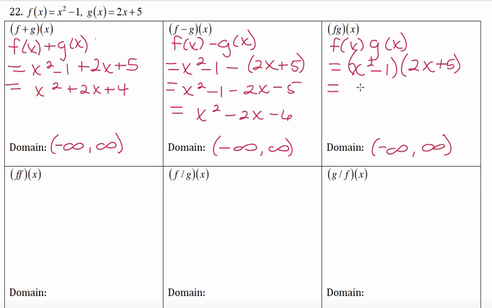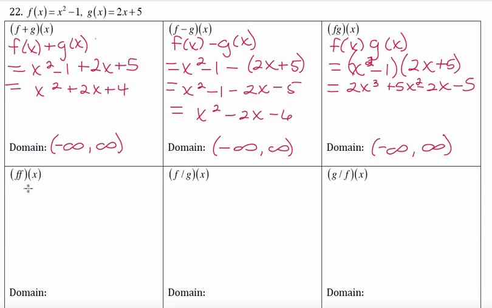And we're going to end up foiling that, so we have 2x cubed plus 5x squared minus 2x minus 5. I just want to double check that. 2x cubed plus 5x squared minus 2x minus 5. Okay, looks good. And we already found the domain was negative infinity to infinity.